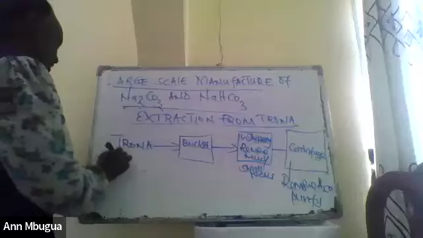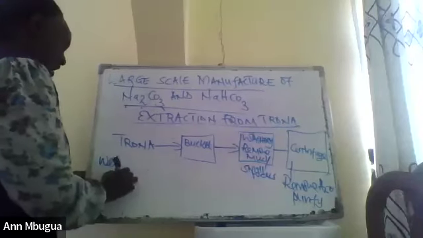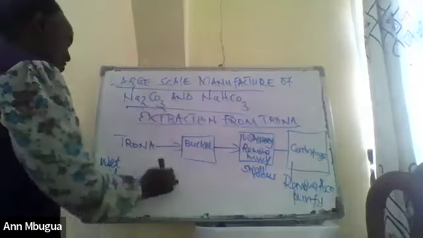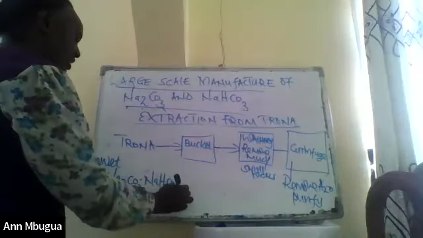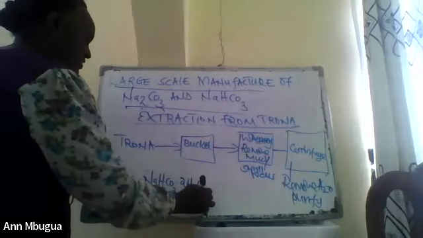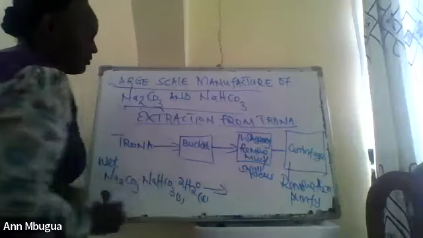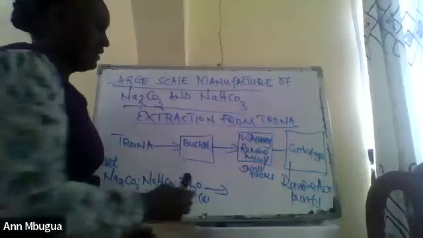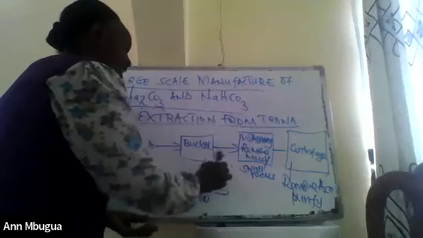We have with us our wet trona, which we said is sodium carbonate, sodium hydrogen carbonate, and it is hydrated, in solid form. So this one is then strongly heated.